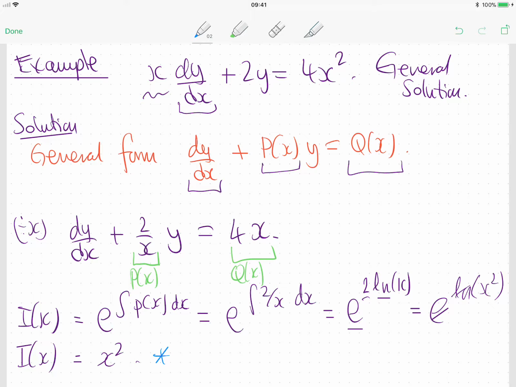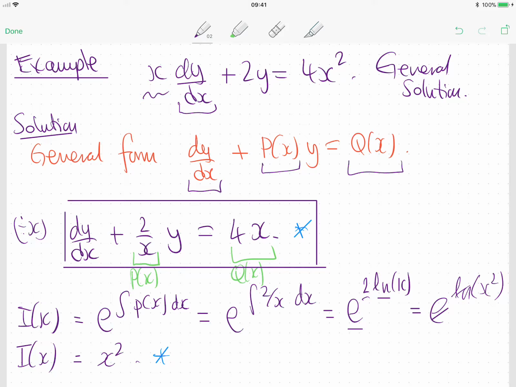That's done. Step 2 is to multiply through our equation, written in general form, by the integrating factor. So if we multiply this equation by x squared, what do we get?